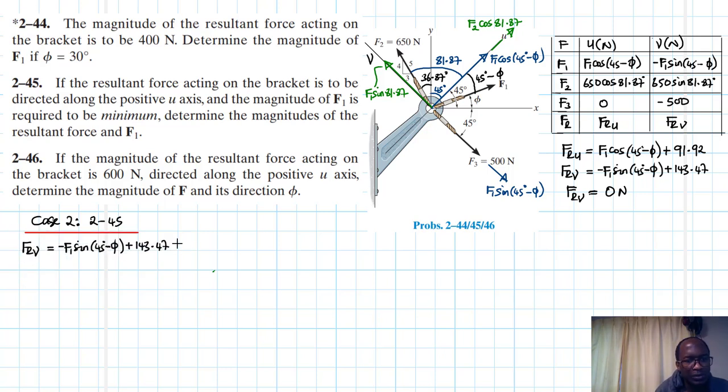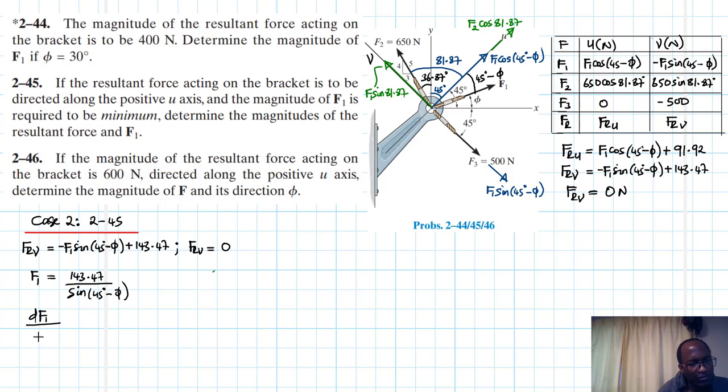Since we know that FRV is equal to 0, my F1 is just going to be equal to 143.47 divided by sin(45 - 5). So I'll need to find the first derivative of this, so that I find the angle that will give us a minimum value of F1.